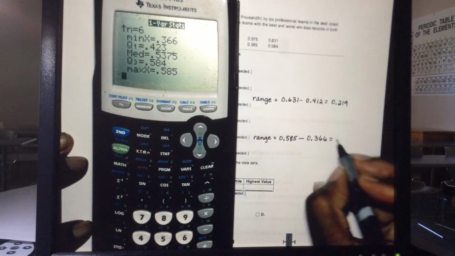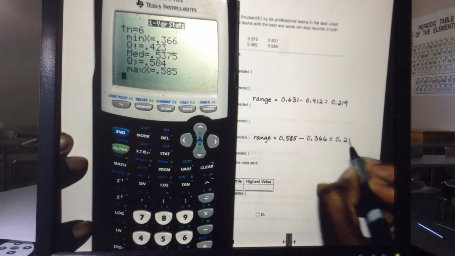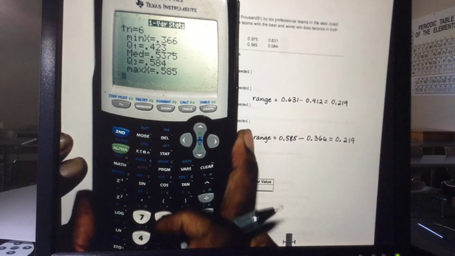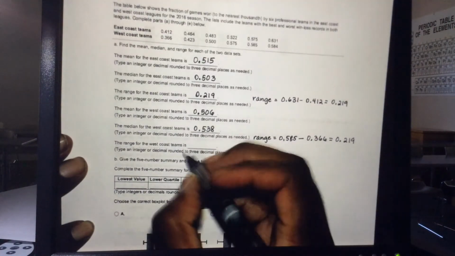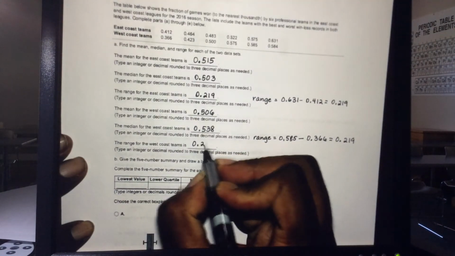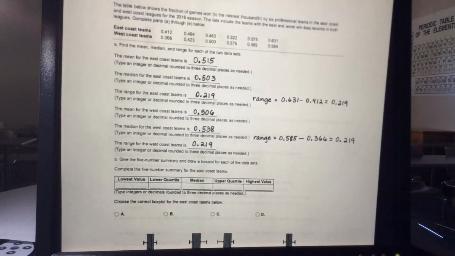This will give you also 0.219. So 0.219 is your range for the West Coast teams.